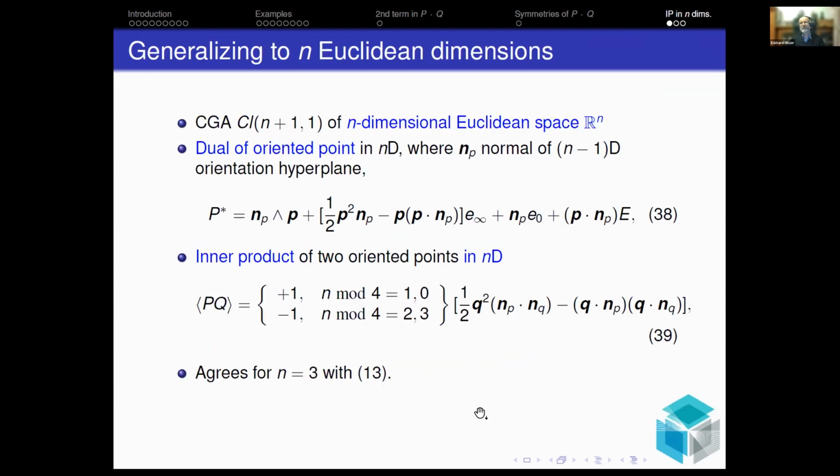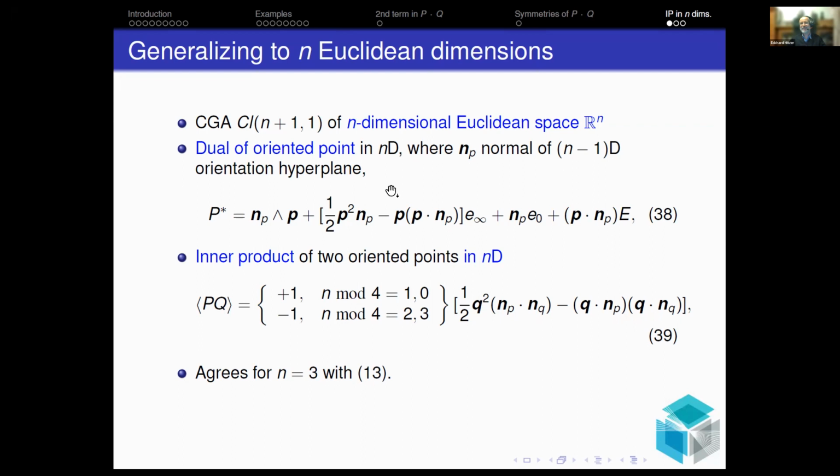Now we can easily, in one slide, generalize to n dimensions. So we take CGA for n-dimensional Euclidean space, and then the vector NP, which was a vector in 3 dimensions, is now a vector in n dimensions, and it is normal to the n-1 dimensional orientation hyperplane of the point.